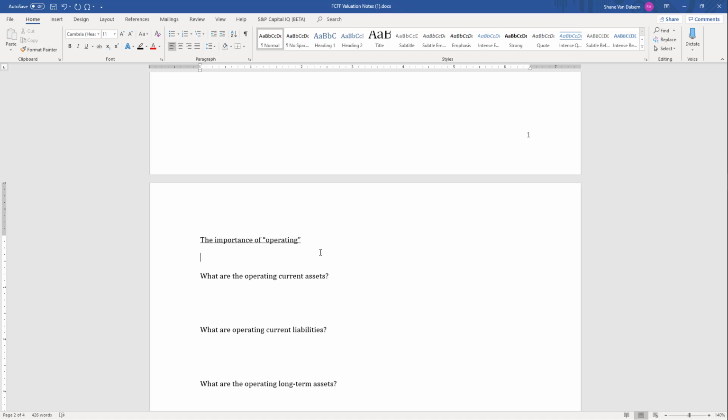When we sell a firm or when we value a firm, we're really interested in the value that comes from its day-to-day operations.